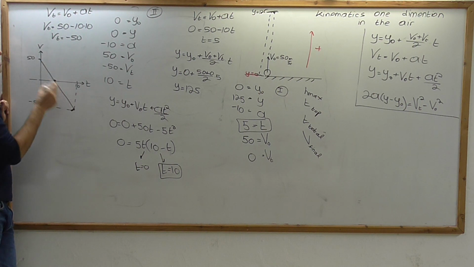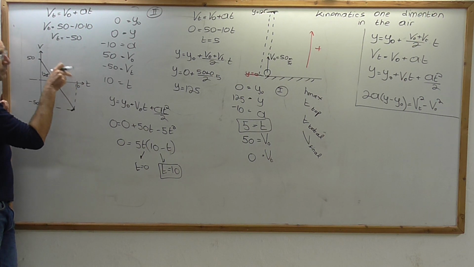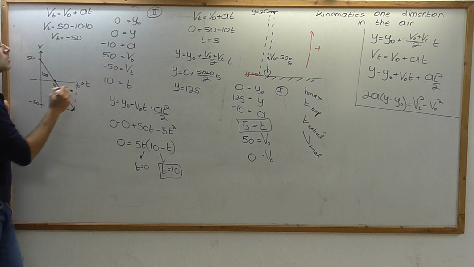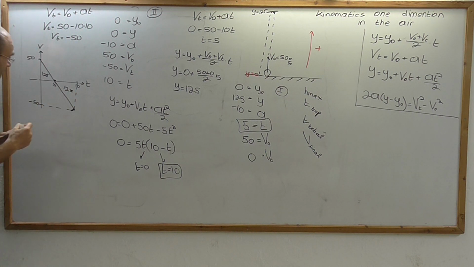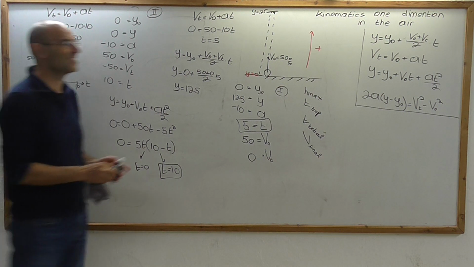Areas. 50 multiplied by 5 is 250 divided by 2, 125. Triangle, 125 again. So now we see the symmetrical value of this problem. It went up 125, it went down 125. So obviously we're doing something right.